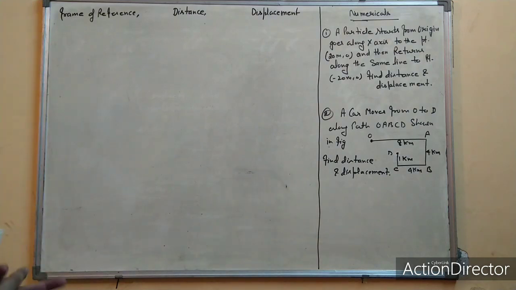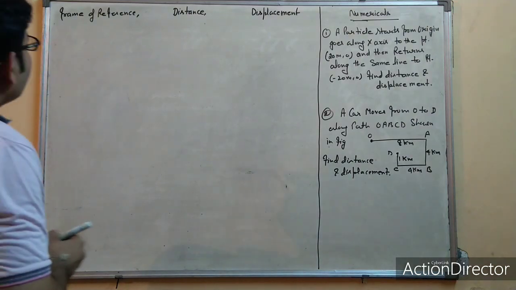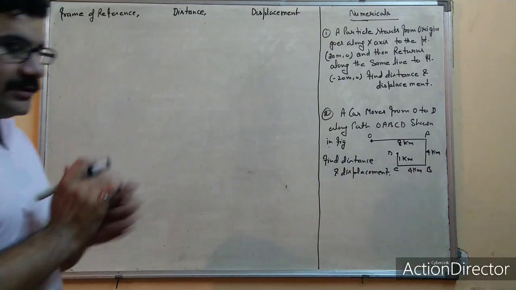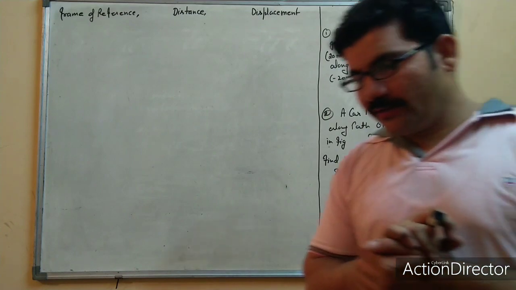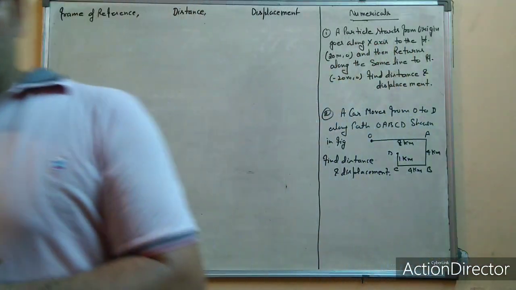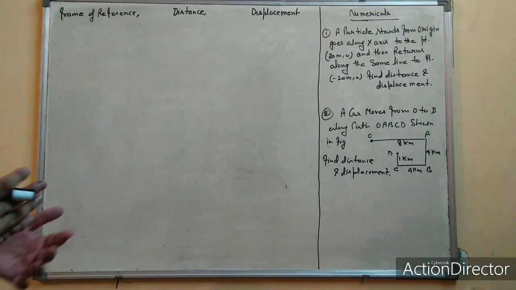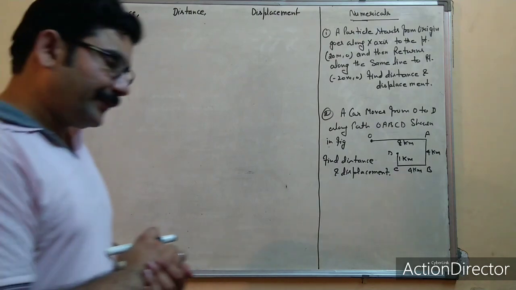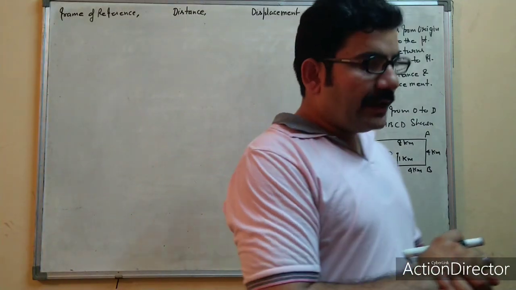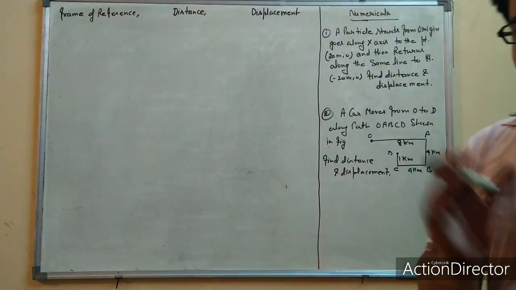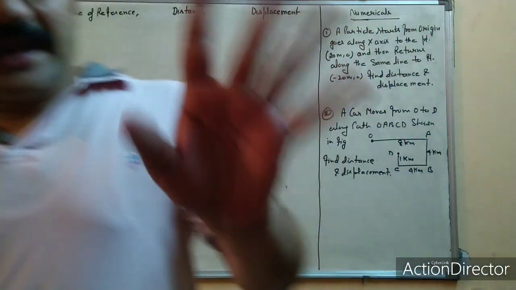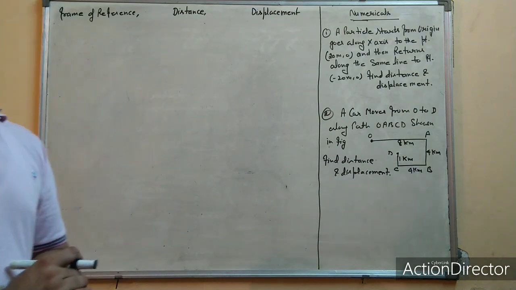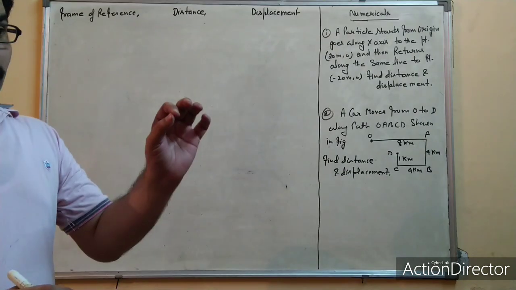Now first of all we have to understand what is frame of reference. Actually we know that this chapter is all about motion of a body, and whenever a body moves, its position changes with respect to time. So definitely a person should be there who is every time observing the motion of the body. That person is called an observer.